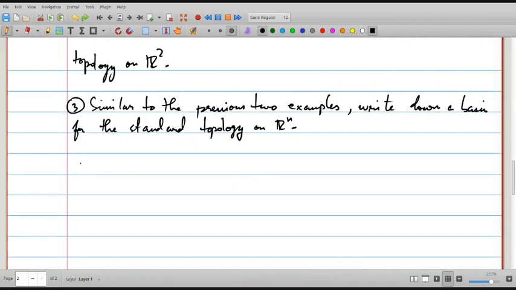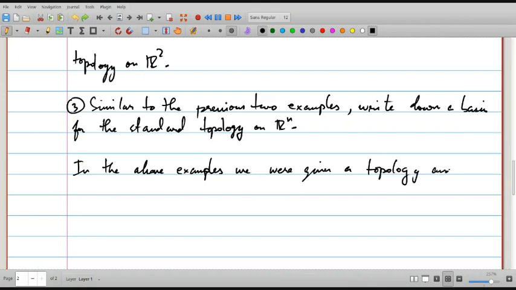So in the above examples, we were given a topology and we wrote down a basis for this topology.